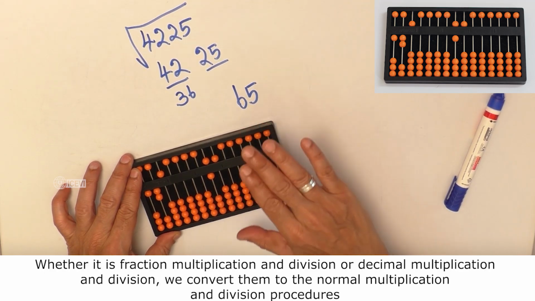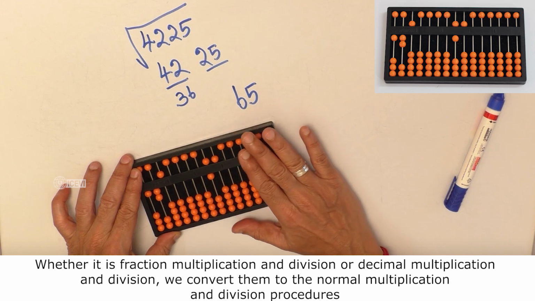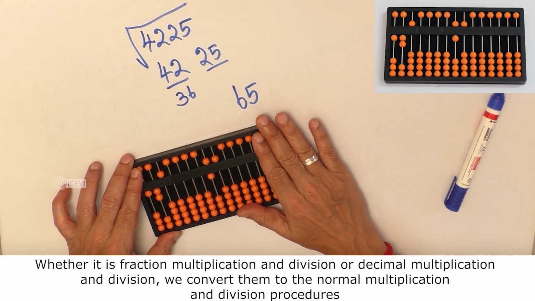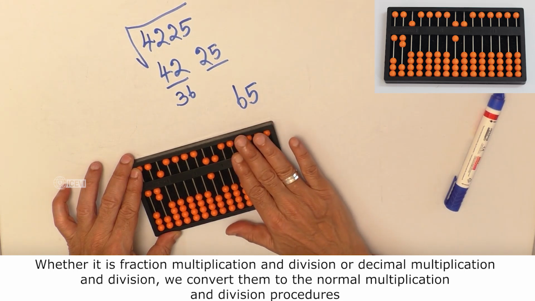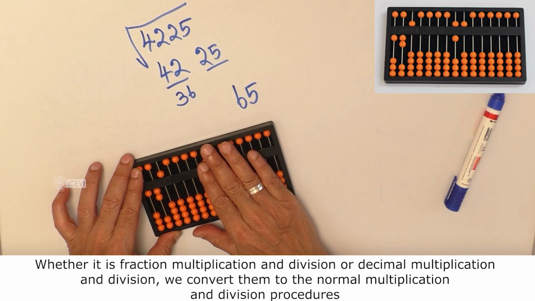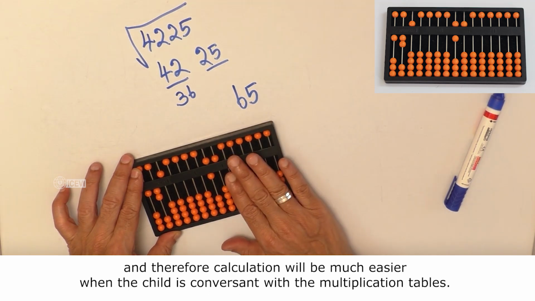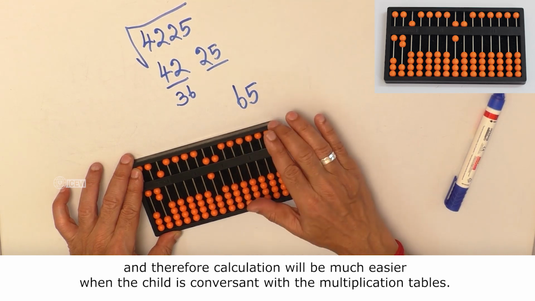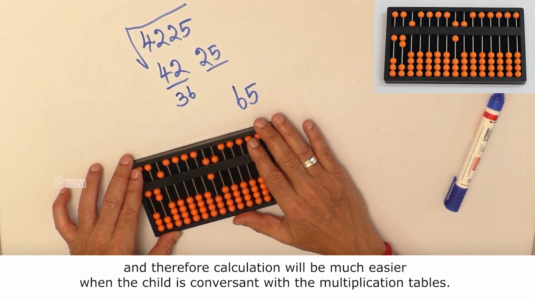Whether it is fraction multiplication and division or decimal multiplication and division, we can convert them to the normal multiplication and division procedures, and therefore calculation will be much easier when the child is conversant with the multiplication tables.